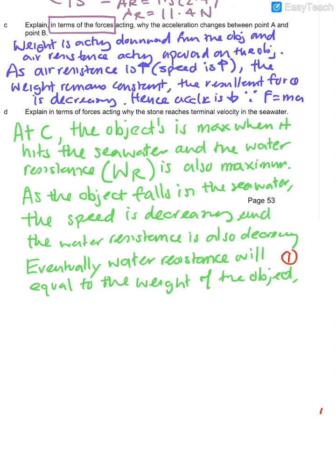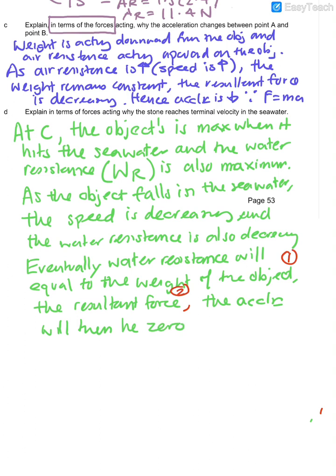So box number 2 is the resultant force is 0. Box number 3, the acceleration will then be 0. And then after that, conclusion.